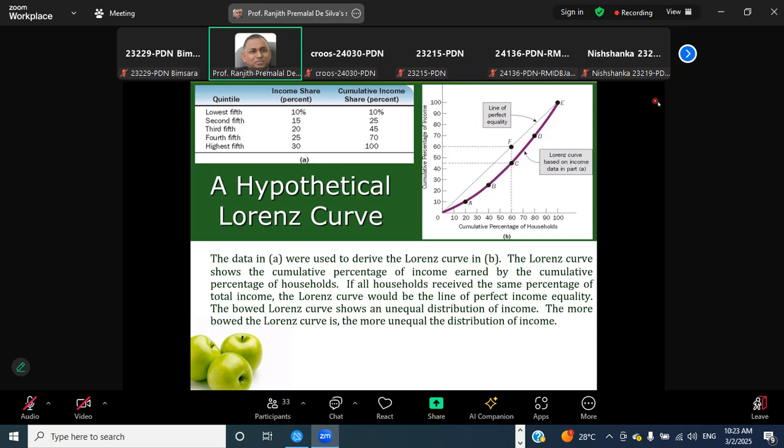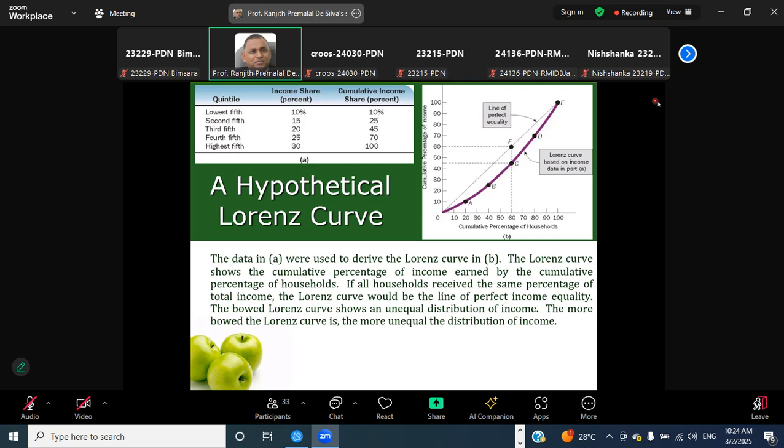If all households receive the same percentage of total income, the Lorenz curve would show perfect income equality, that is the straight line passing through F and E. The bowed Lorenz curve shows an unequal distribution of income. The more bowed the Lorenz curve is, the more deviated from the perfect line of equality, the more unequal the distribution of income.